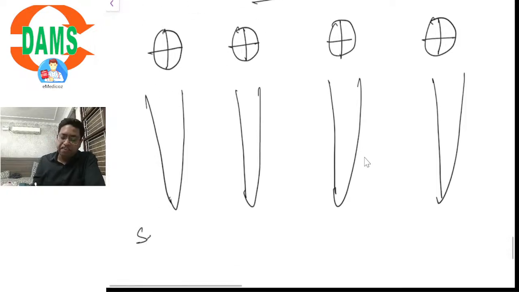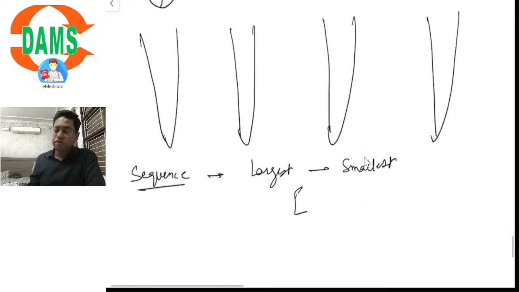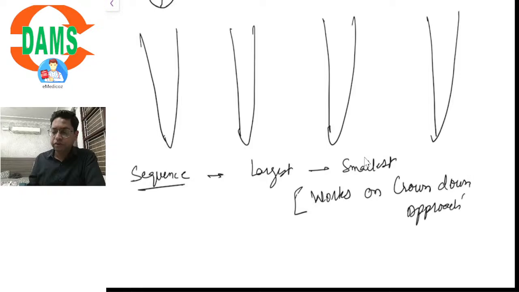Now, here the sequence of instrumentation is different from the previous two techniques, largest to smallest. So basically it works on crown down approach. Crown down approach. Isn't it? Crown down means from above downwards.